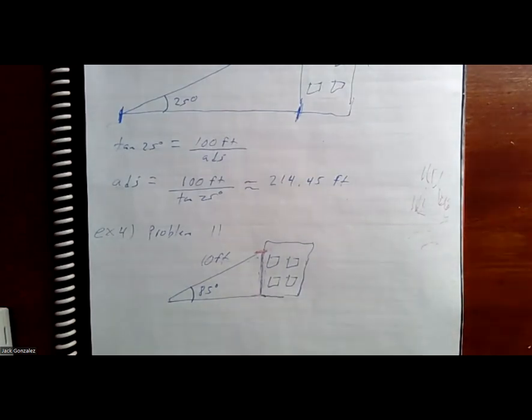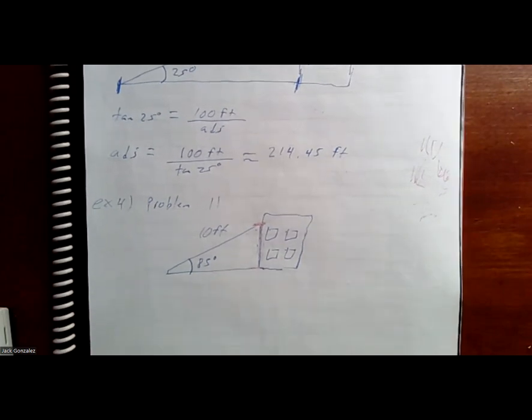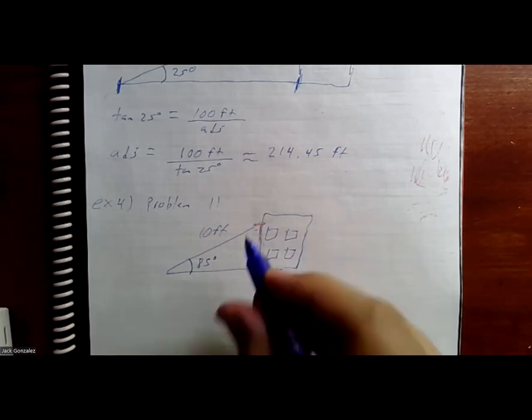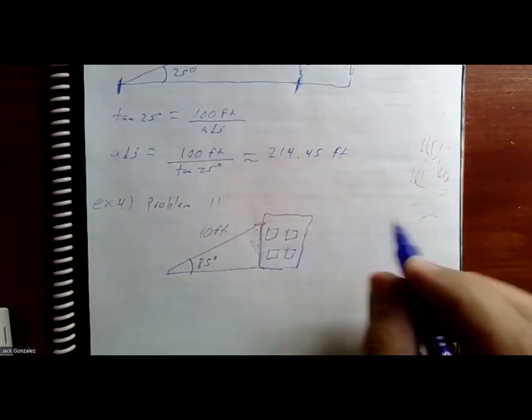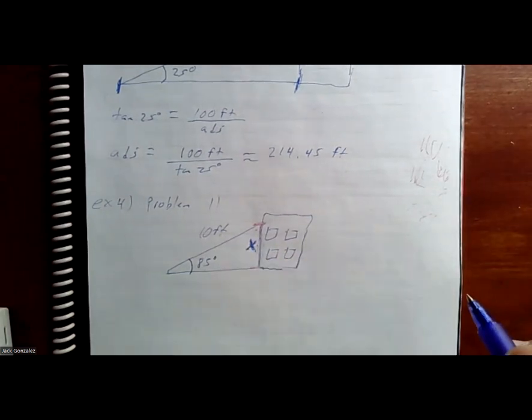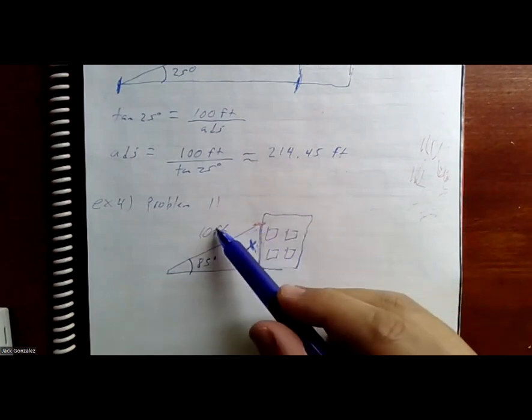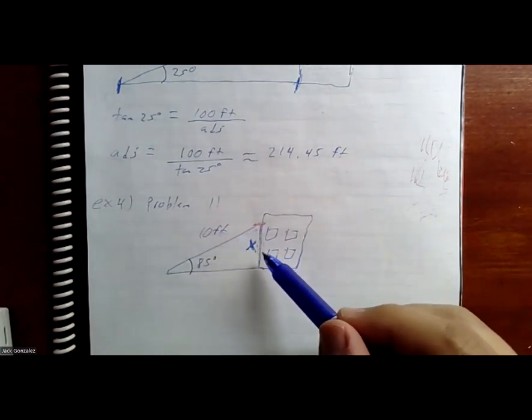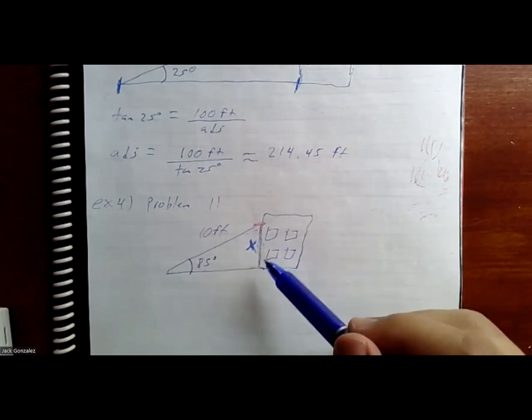Okay, so they want to know opposite side. So what trig function would you choose now that we have the picture? Call it X, I guess. So if you have hypotenuse and you want to find opposite, you should probably use sine, right?